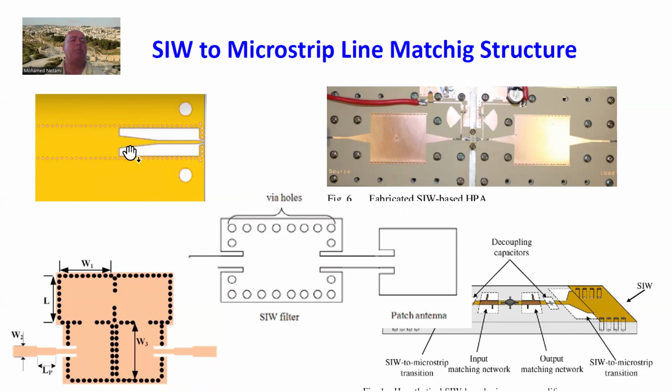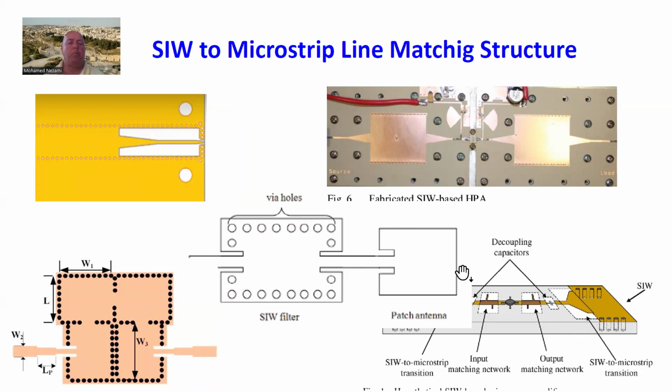So you can see the taper in here. This taper follows a determined function, which is either Klopfenstein transformer or exponential or triangular, and we will go into these.